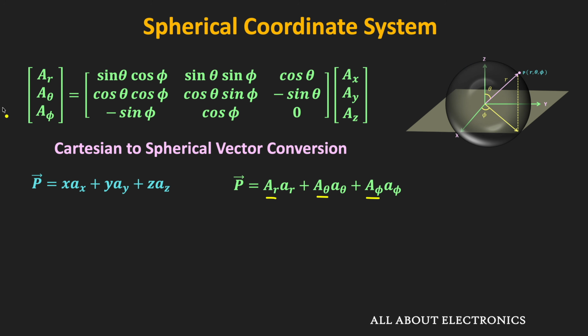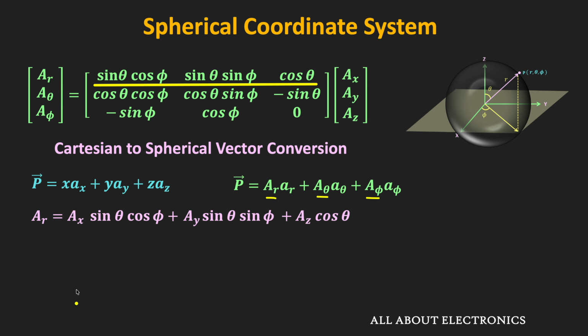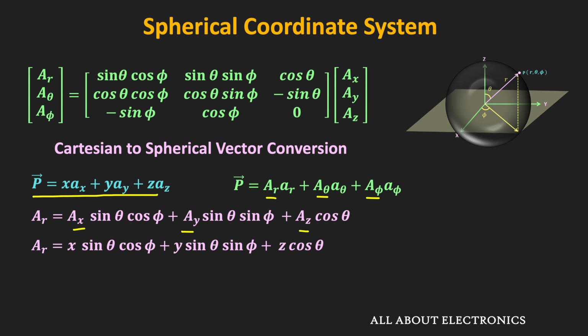Here, as per this relationship, AR can be given as AX sin θ cos φ plus AY sin θ sin φ, and similarly the third term will be equal to AZ cos θ. Since the given vector is the position vector, these components AX, AY and AZ will be the same as X, Y and Z. And since X, Y and Z are the coordinates, we can use the coordinate conversion.